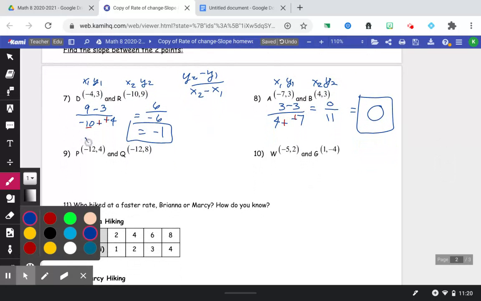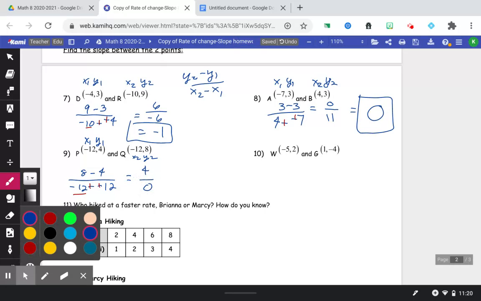Okay, x1, y1, x2, y2. So I'm going to think 8 minus 4 over negative 12 minus negative 12. 8 minus 4, I get positive 4. Negative 12, keep, change, change. Negative 12 plus positive 12 gives me 0.